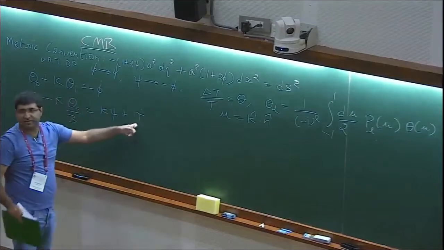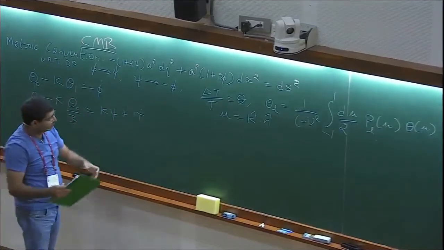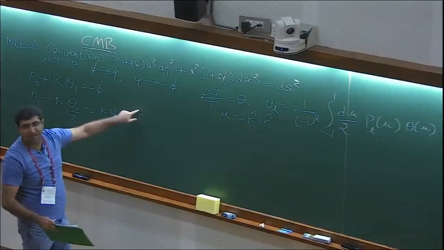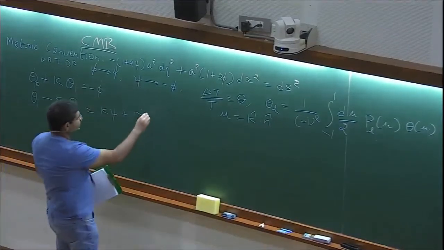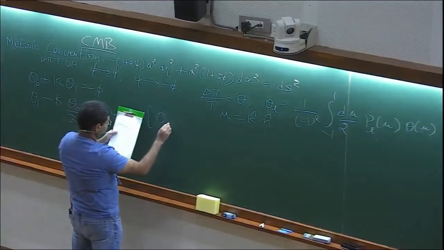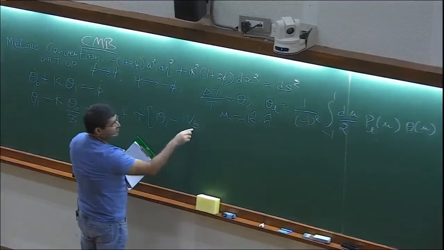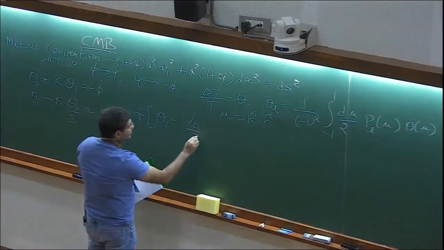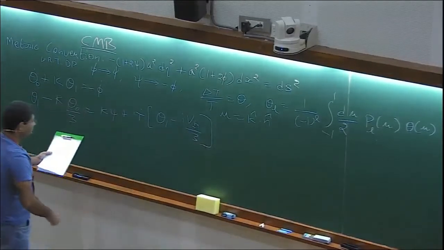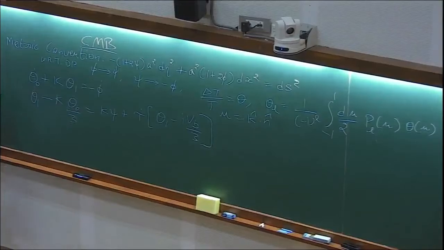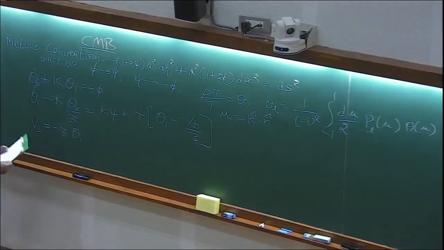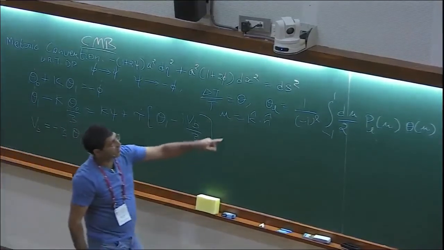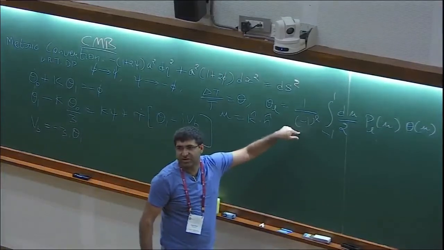Tau dot is the differential Thomson optical depth, and the dot represents the derivative with respect to the conformal time here. Vb is the baryon velocity. These factors of i come just because of the convention that I am following for these multipoles.